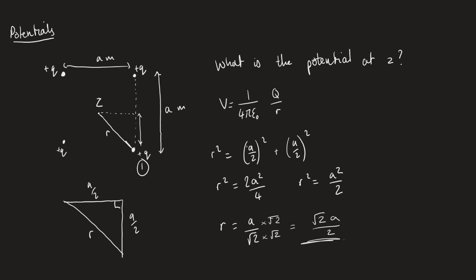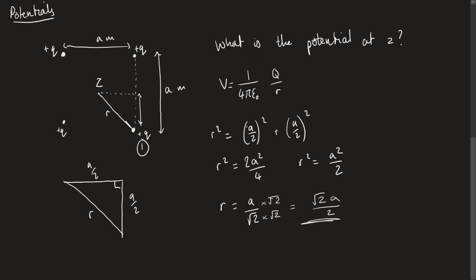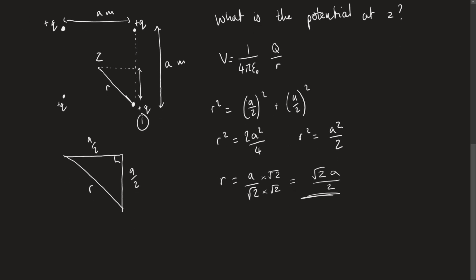So I now know the distance is root 2 a over 2, so I can calculate my potential from the first charge. Now the thing that's nice about this example is that it is a square, so the distances from each of the charges will be equidistant. I don't have to calculate this for any others. I only have to calculate this once using Pythagoras' theorem, and then I'm good for all of them. They will all have the same radius.